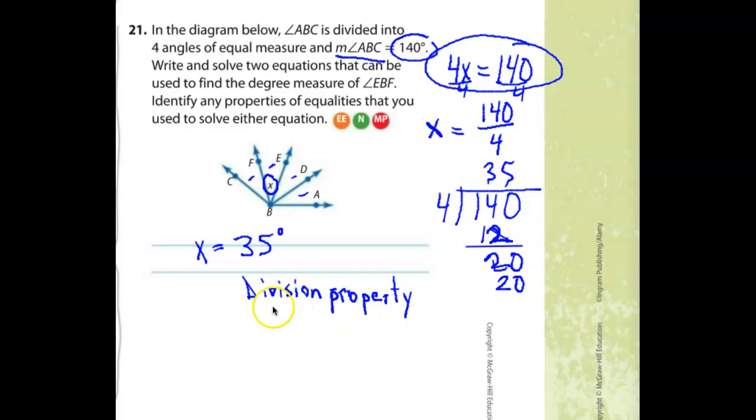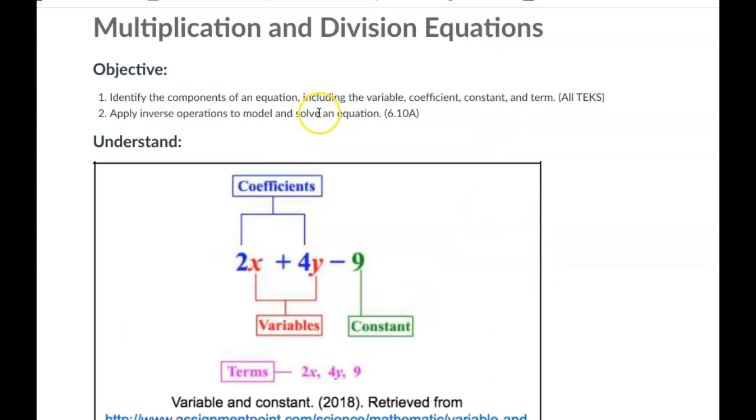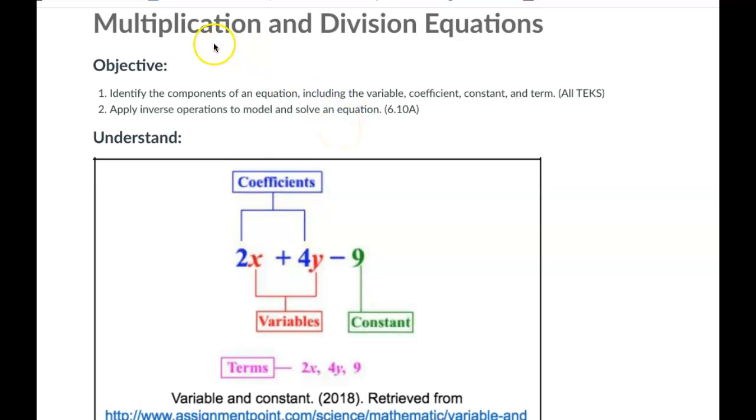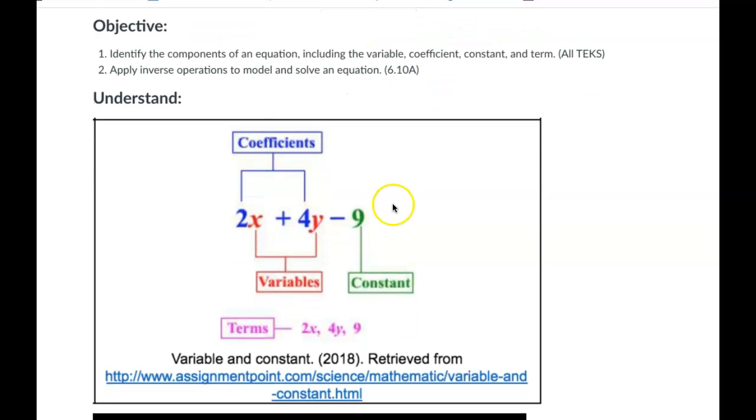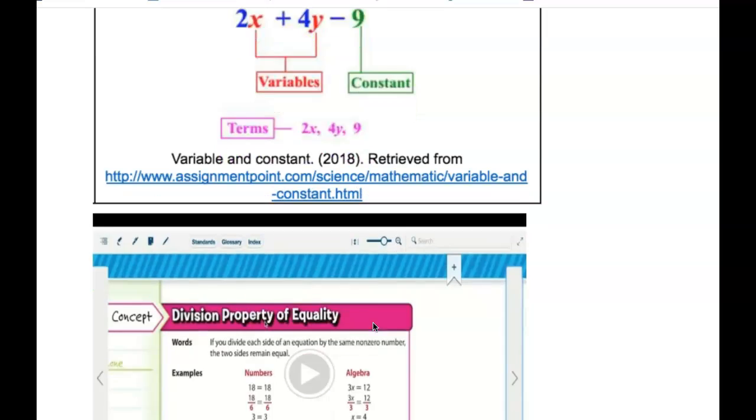All right, let's think about something important to remember about multiplication and division equations. To do that, let's go ahead and review what we've talked about today. As we scan back through some of the notes, please think about what something important to remember might be. We talked about multiplication and division equations, what each part of the equation is called, what coefficients, variables, and constants and terms mean.